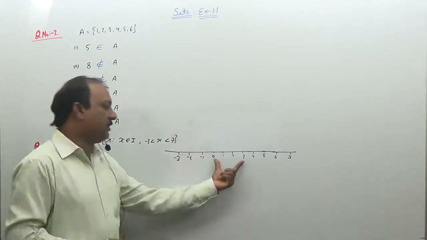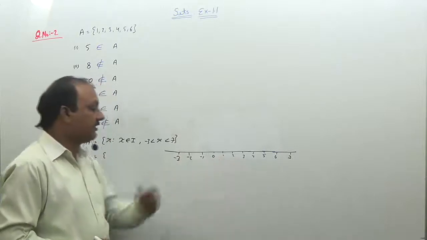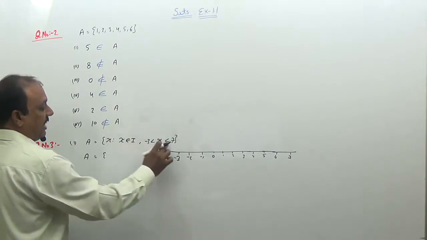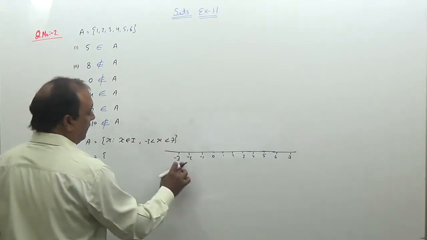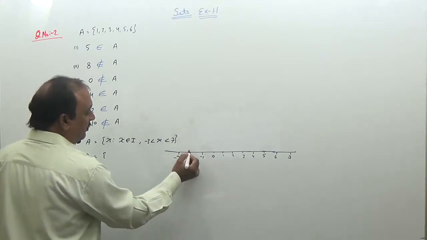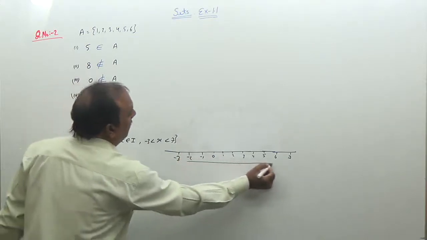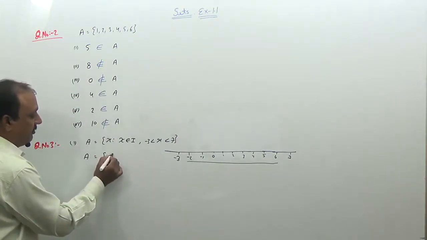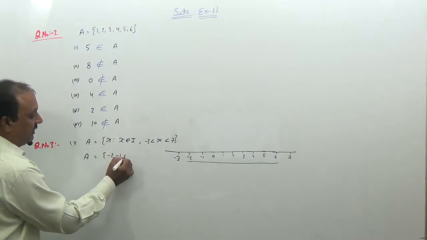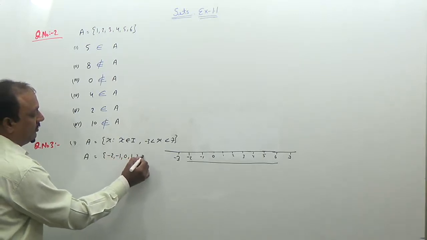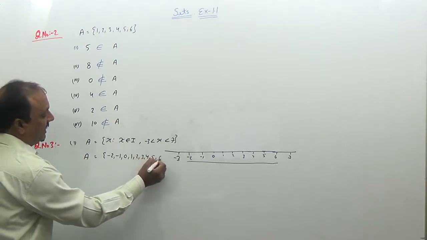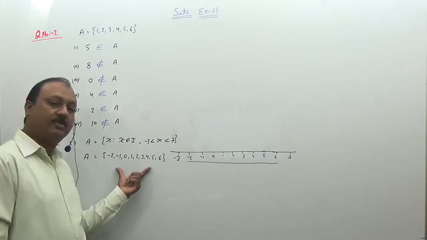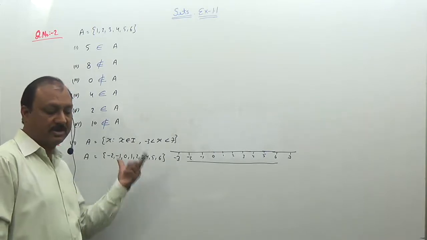We want to write all elements of this set which are less than 7 and greater than -3, and all these should be integers. So the elements of this set will be -2, -1, 0, 1, 2, 3, 4, 5 and 6. So this is the roster form of the given set.